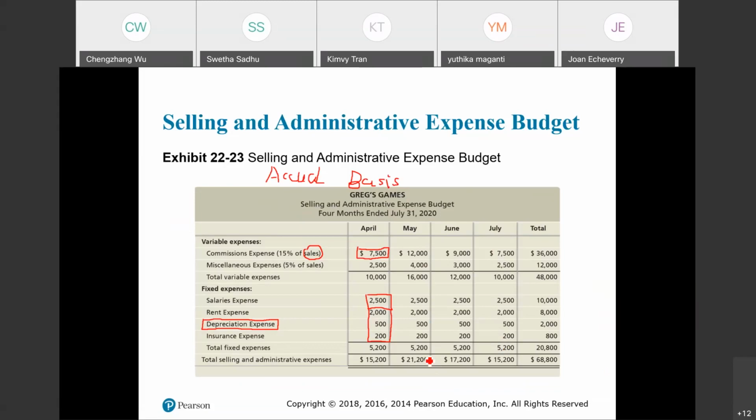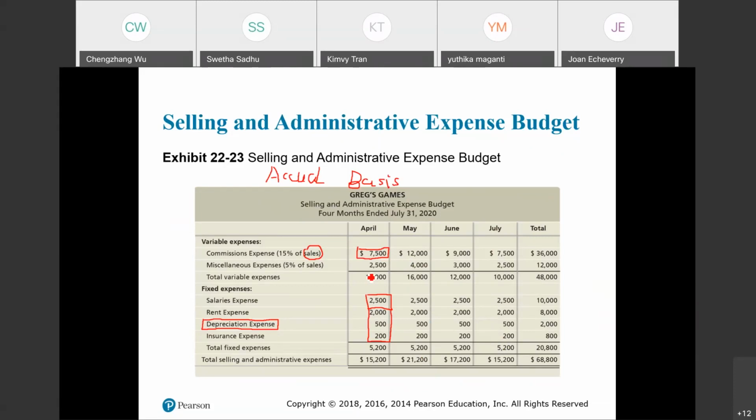So, for each month, total fixed expenses is 5,200, and the variable expenses are dependent on the total budgeted sales based on the sales budget.